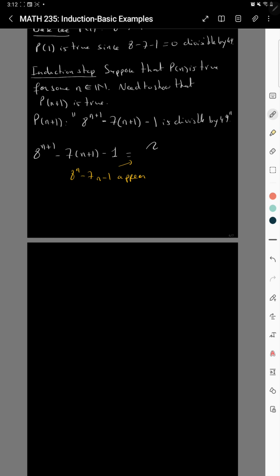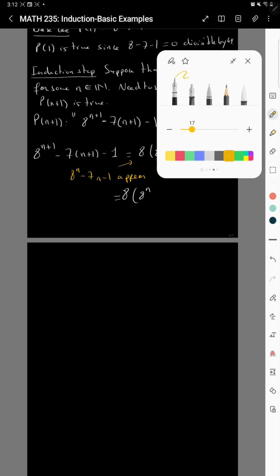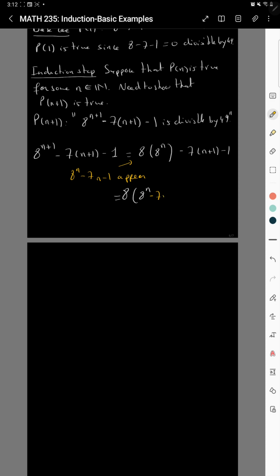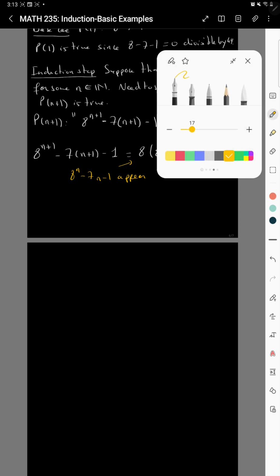So first, let's just write 8 to the n plus 1 as 8 times 8 to the n, and we keep everything else the same. Now, there is a way to let this 8 to the n minus 7n minus 1 appear.